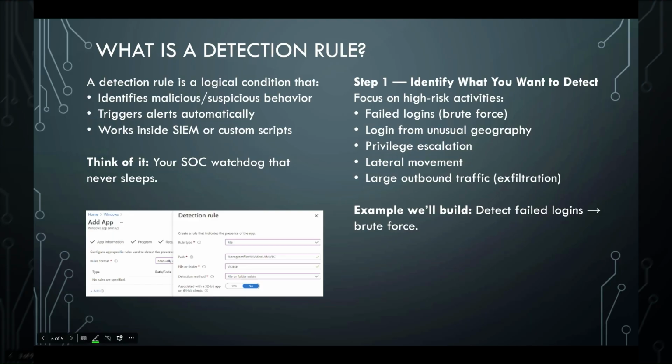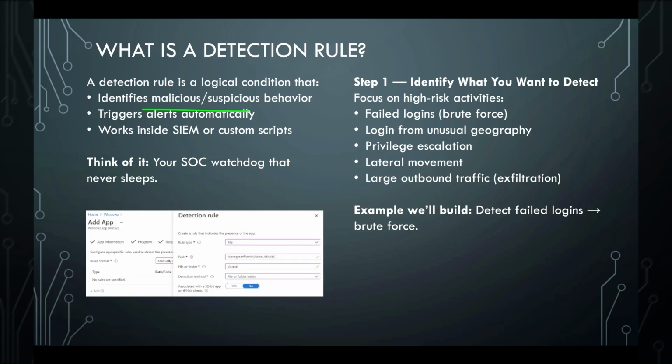All right, so what is a detection rule? Before we go all in, let's quickly define what we are working with. A detection rule is a set of conditions that identifies malicious or suspicious activities within your logs. These rules are designed to automatically trigger alerts when certain patterns or behaviors, I mean the anomalies, are detected.